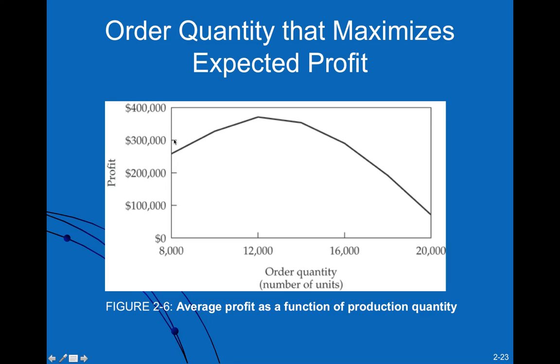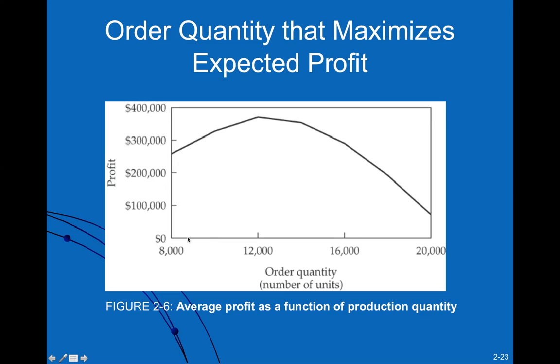For example, if I were to draw a straight line across here, there is a decision that will yield an expected profit of 300,000. If I go down, it's probably somewhere around 9,000 units. But if I continue across here, some 16,000 units or somewhere around that would yield about the same profit.